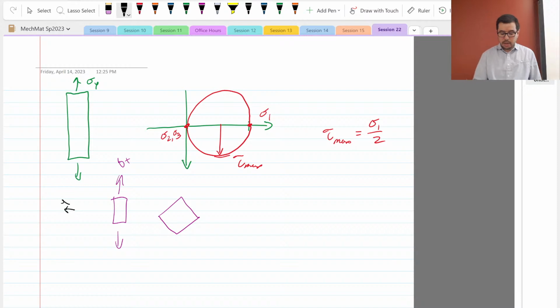We have to rotate either counterclockwise or clockwise. So in this case, if I'm here, which I am, I'm going to go clockwise 45 degrees or 90 degrees on Mohr's circle.